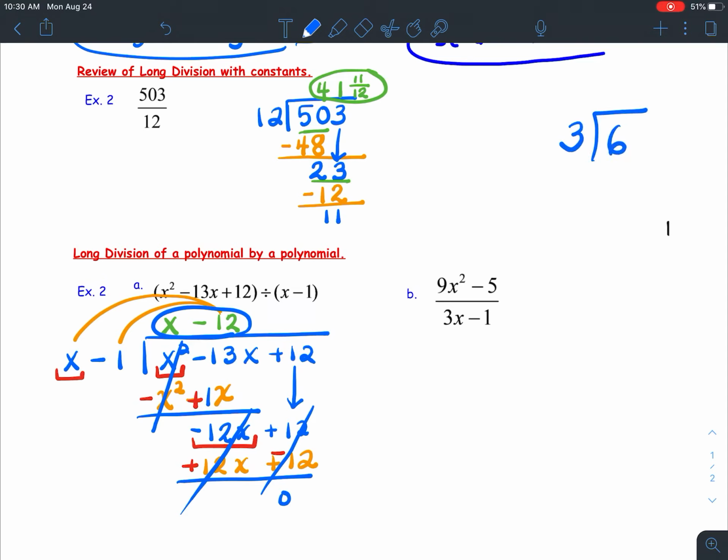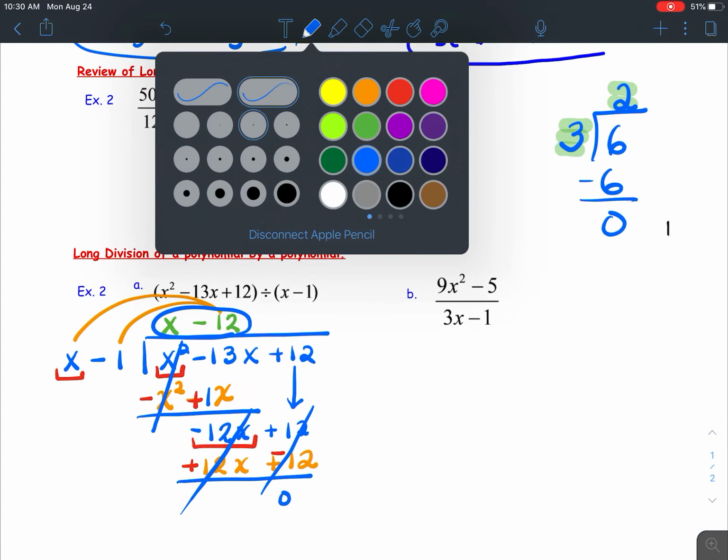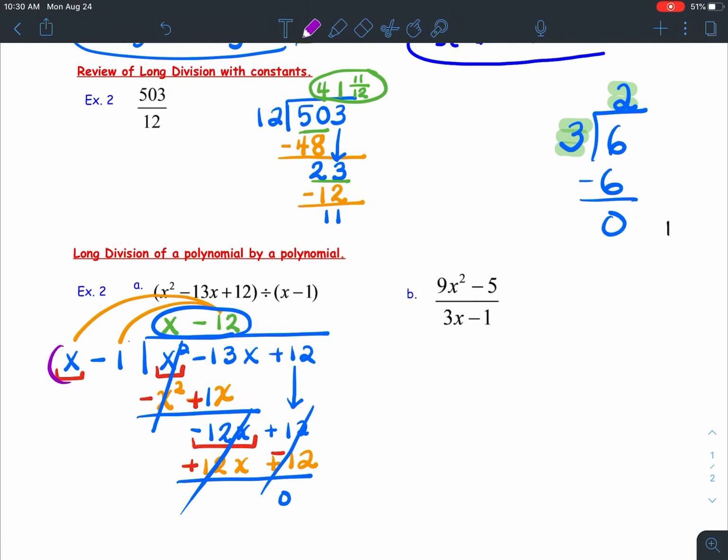Okay? If you recall the way that division works, I'm just going to use something really simple here. If we take 6 divided by 3 and we put a 2 here and we get no remainder, what that basically means is your answer, when multiplied times your divisor, these two things multiplied together should give you what you originally had under the division bar.